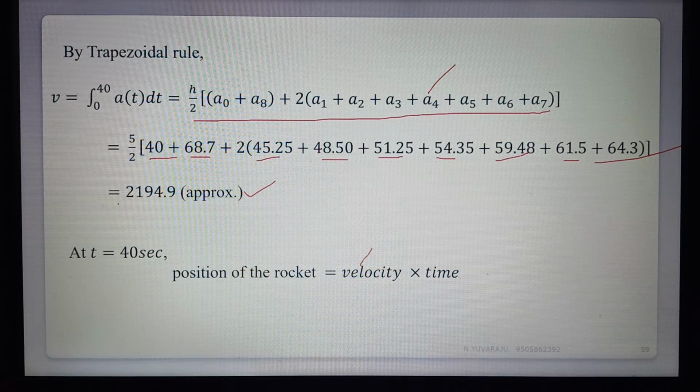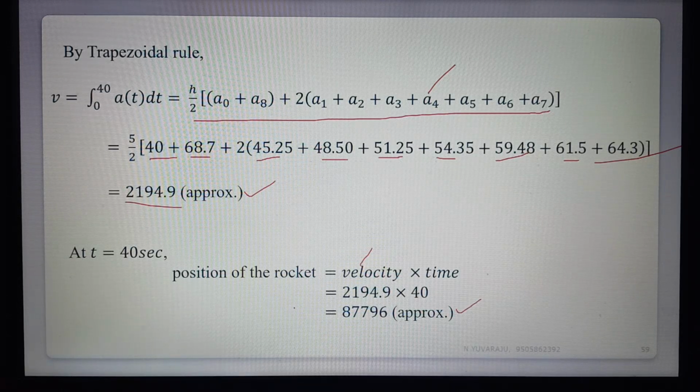The velocity is already found, so 2194.9 into 40 is 87,796. That is the distance, the position of the rocket after 40 seconds from the start.